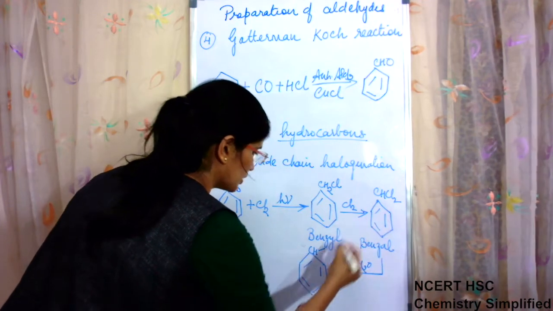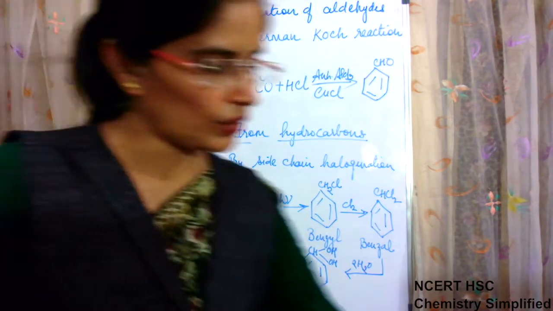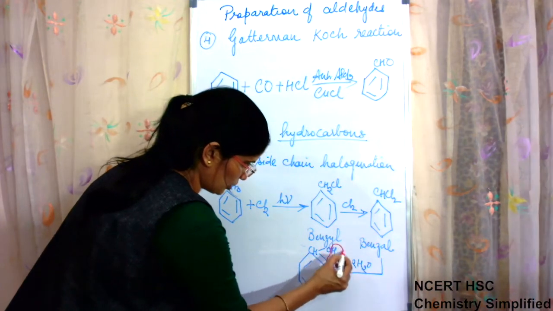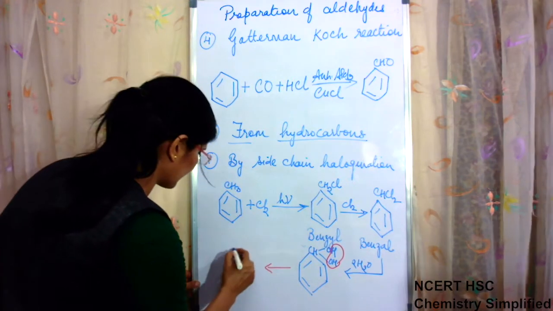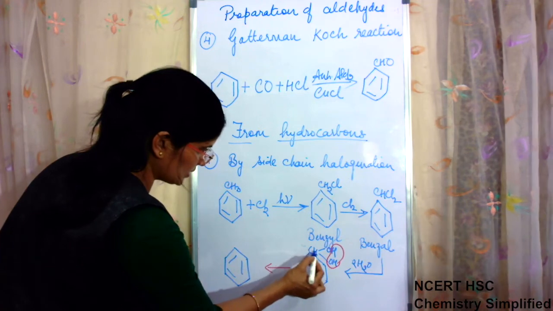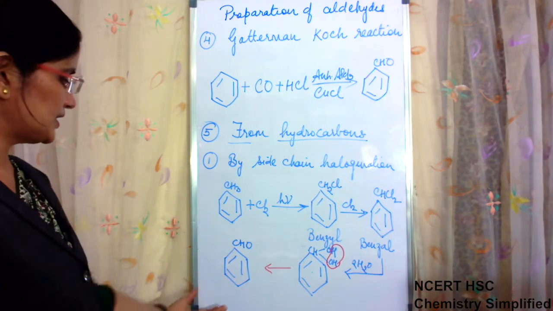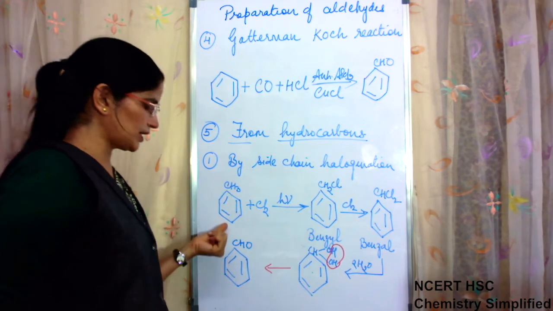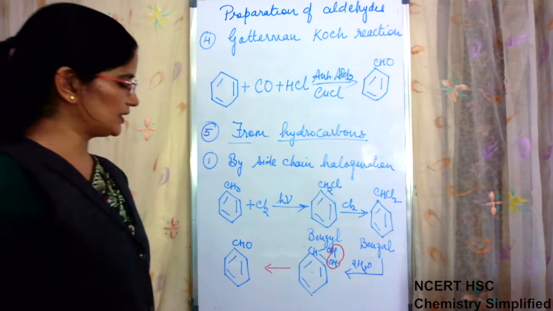Halogens are replaced and OH groups are introduced. Now when OH groups are introduced, then a water molecule is lost and what is left is benzene ring CH and O. Benzaldehyde is prepared. So, by side chain halogenation of methyl benzene or toluene, we can get benzaldehyde.